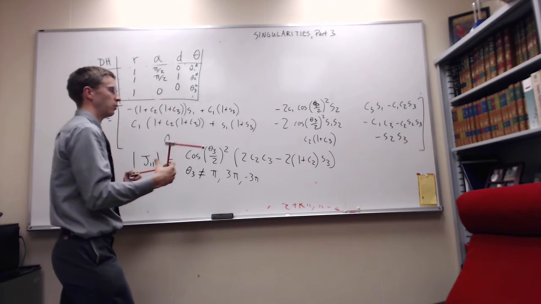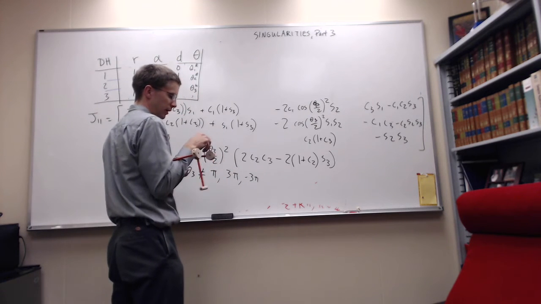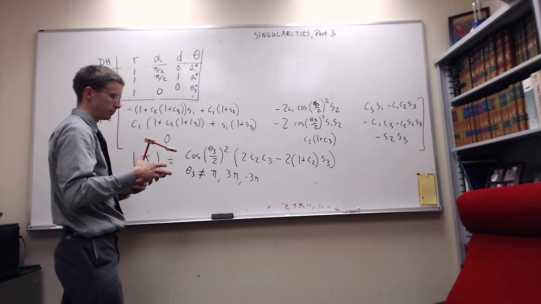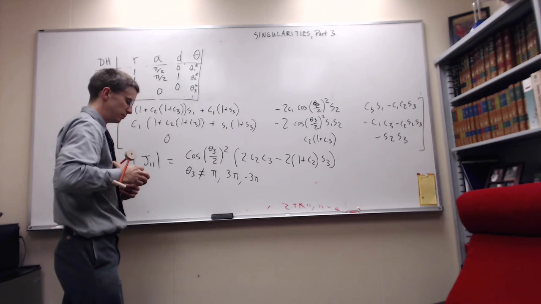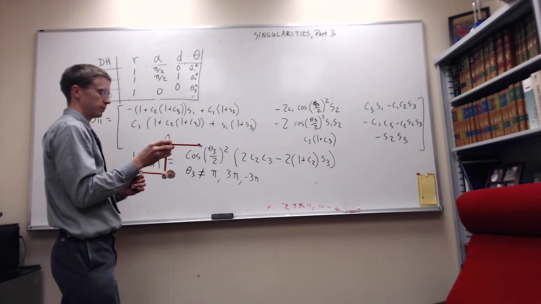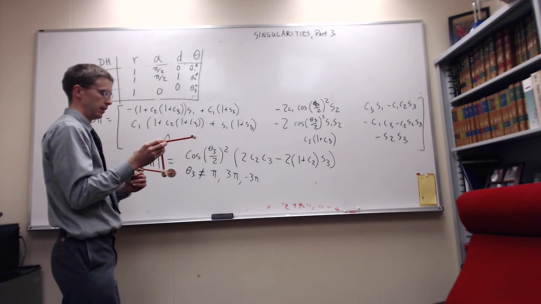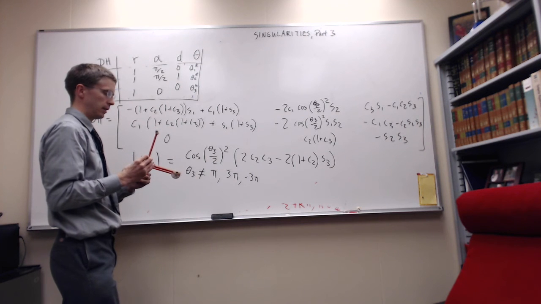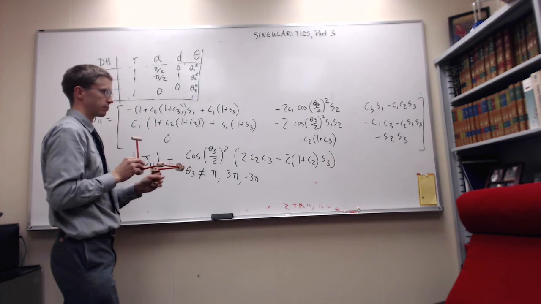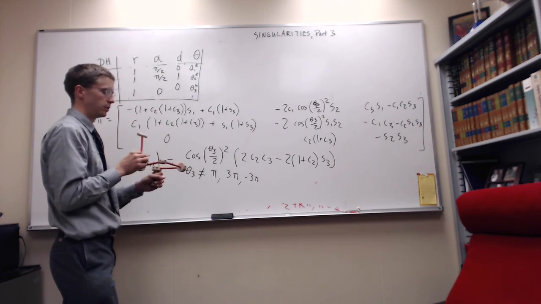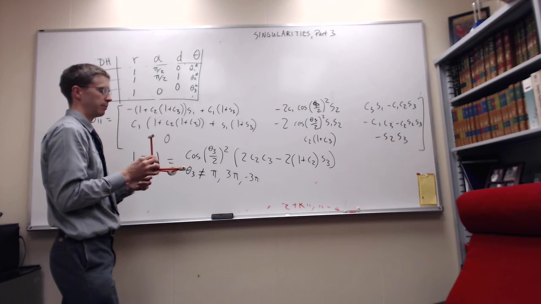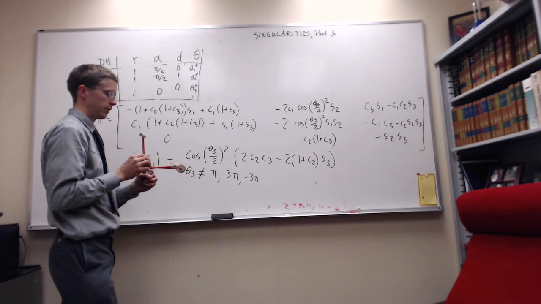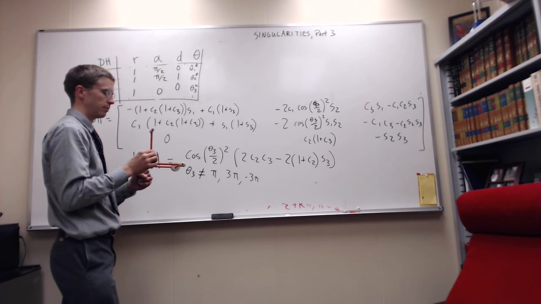So again, it's only related to these first 2 degrees of freedom. There's certain ways that you can get them to overlap, in which you lose some of your degrees of freedom. So here is an example where we can move up and down.